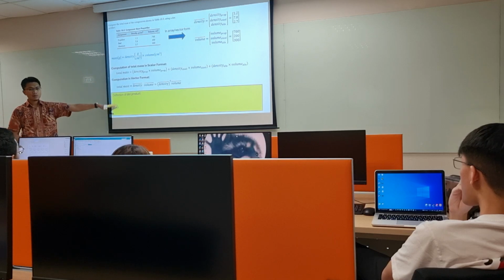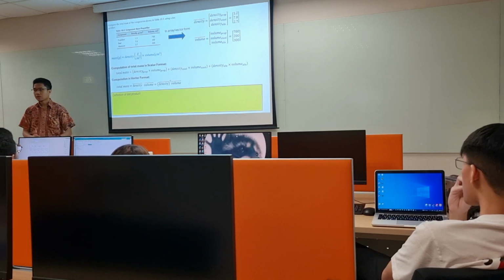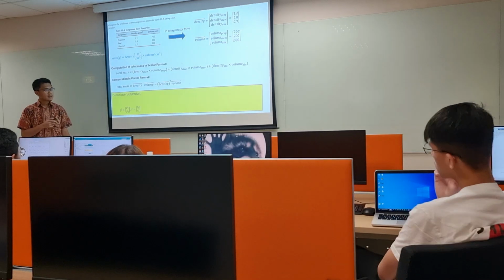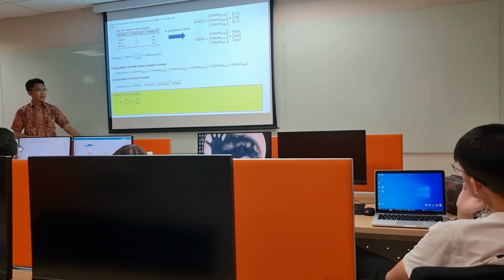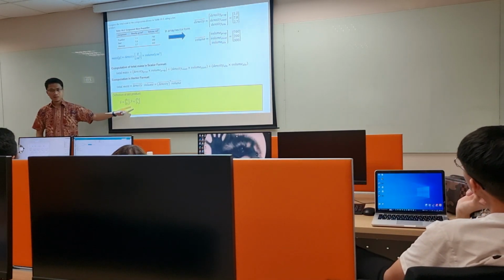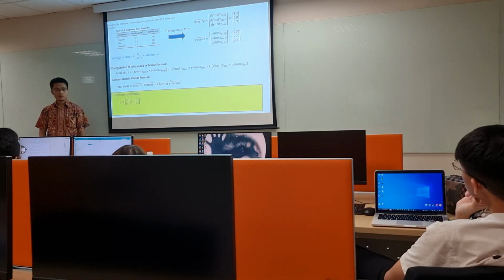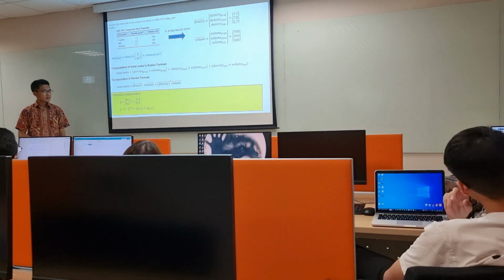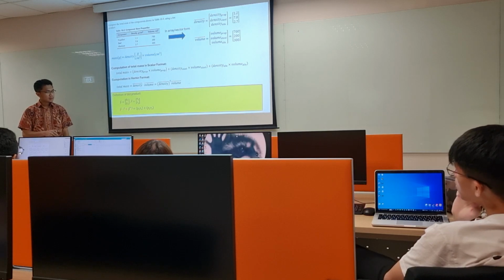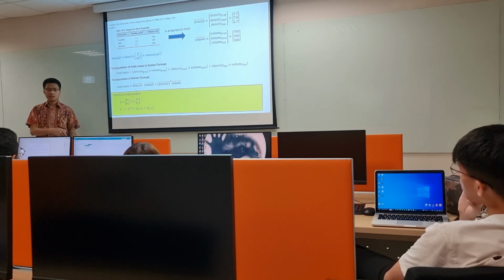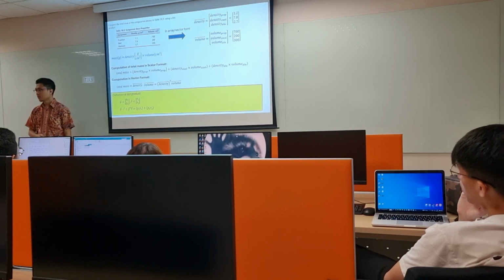So let us define the dot product before coming to MATLAB. Let's say we have vectors P and R, and these are the elements of each vector. The dot product is this: each element of the two vectors you multiply, and then add the other element. That's the definition of the dot product.